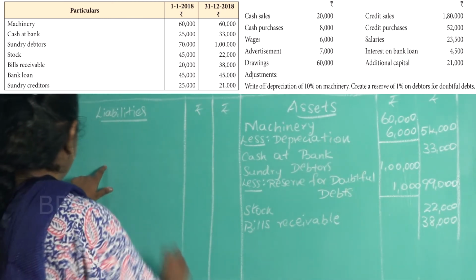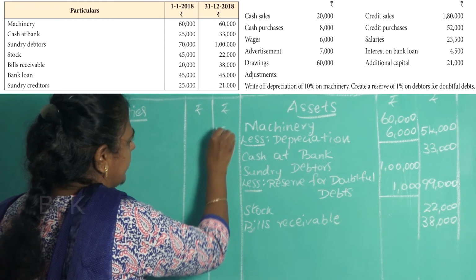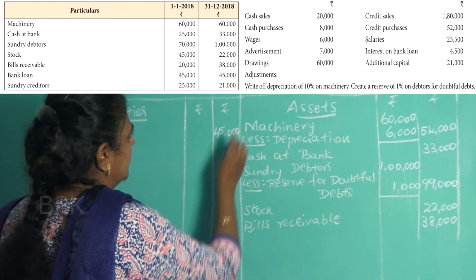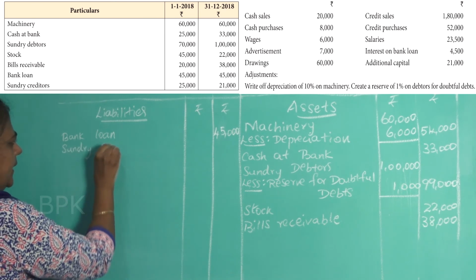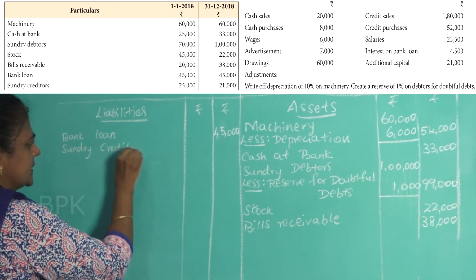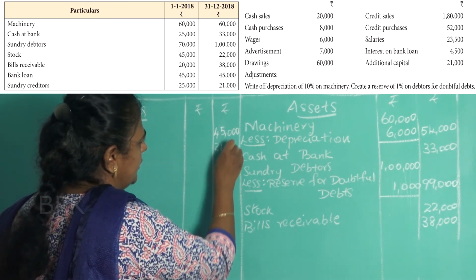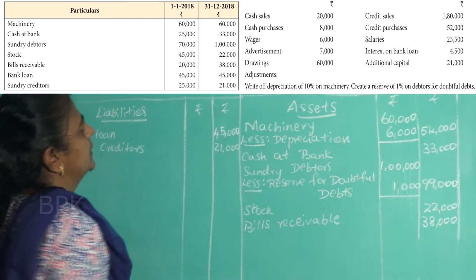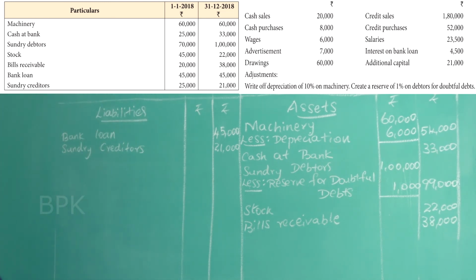Now come to the liability side, bank loan 45,000, sundry creditors 21,000. Now look to the question now.